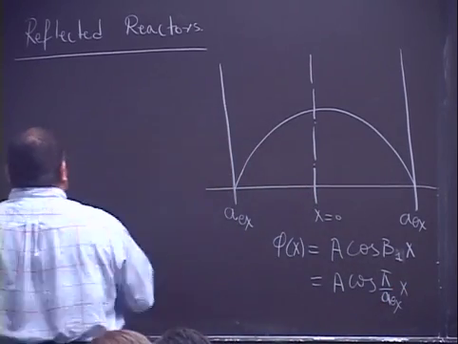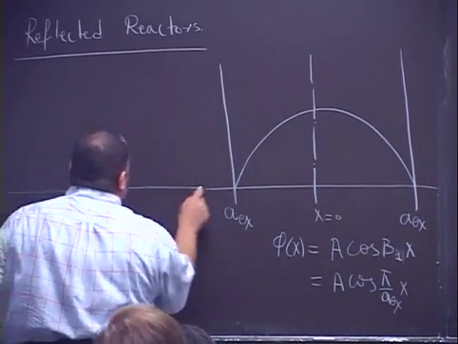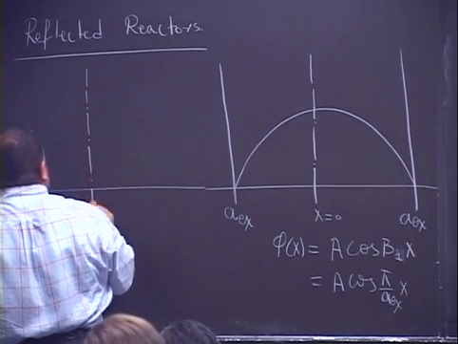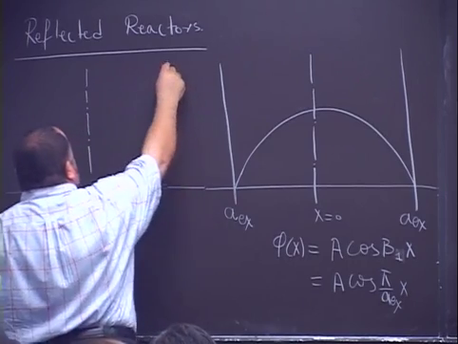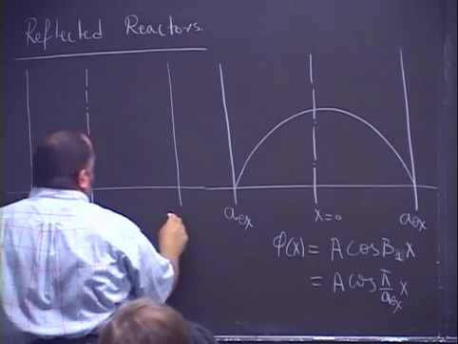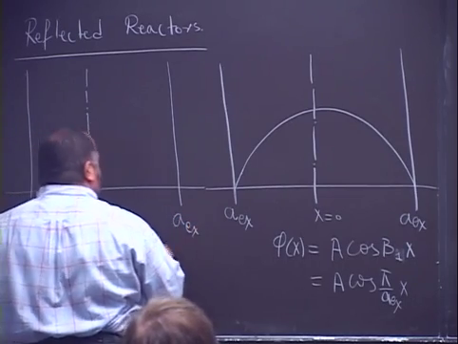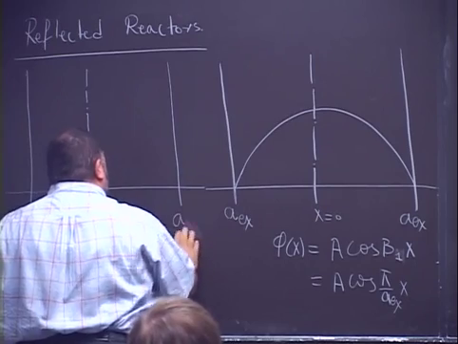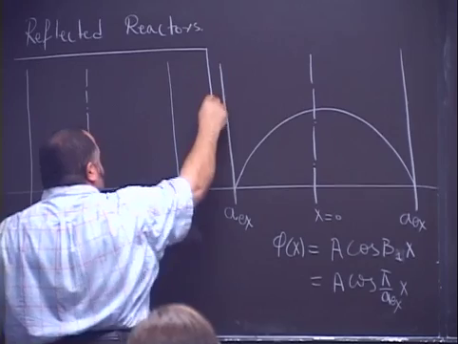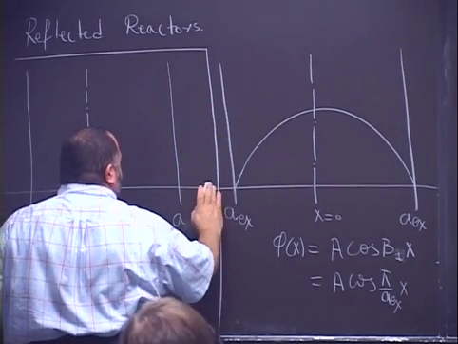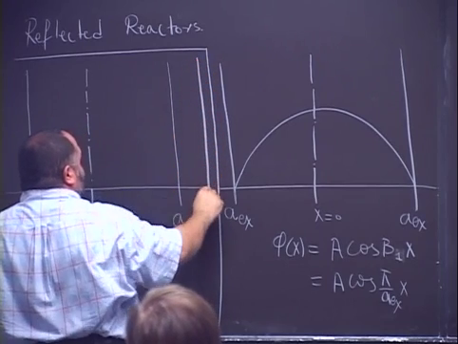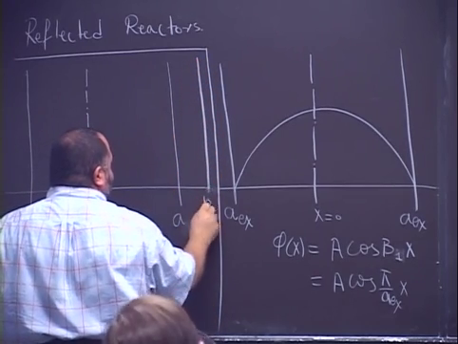Now what will happen if we have the same slab, with the same extrapolated distances, a and minus a, and now we add a reflector to the slab at a distance b extrapolated.